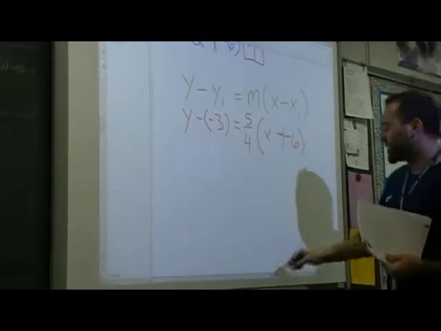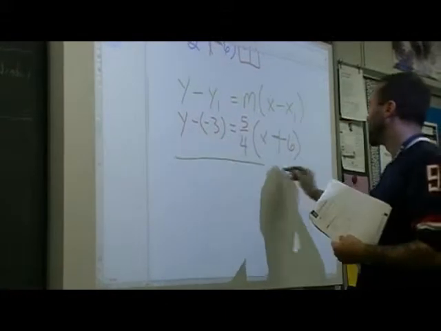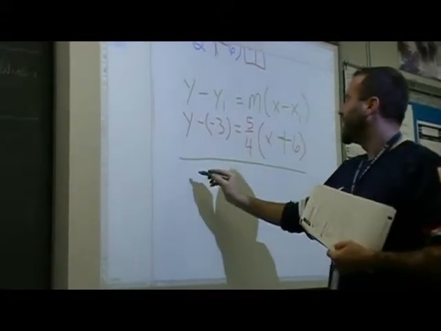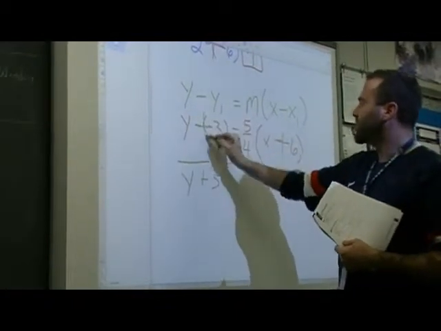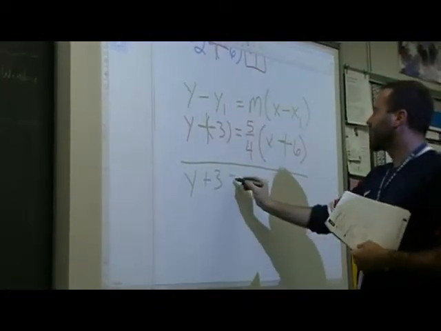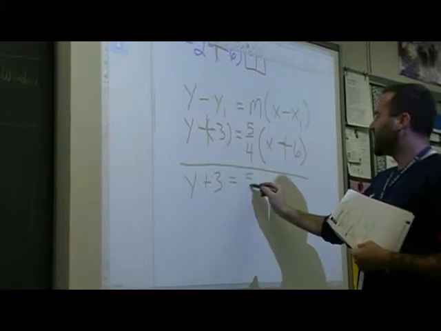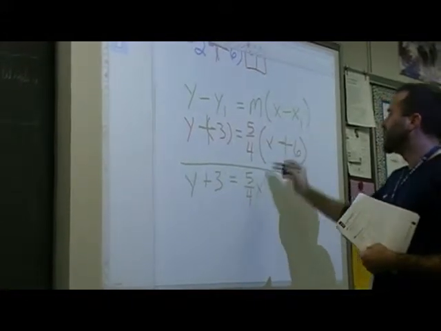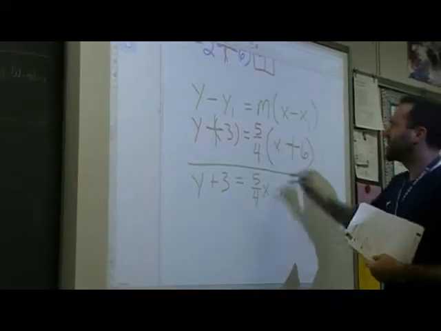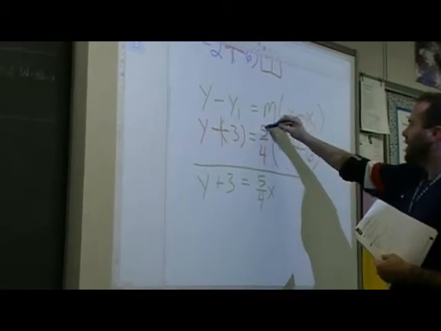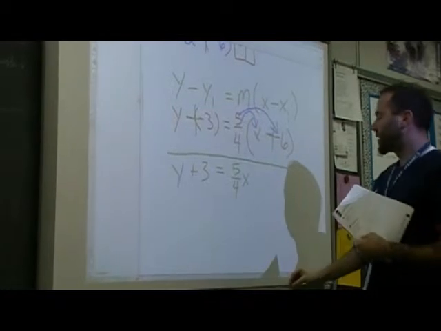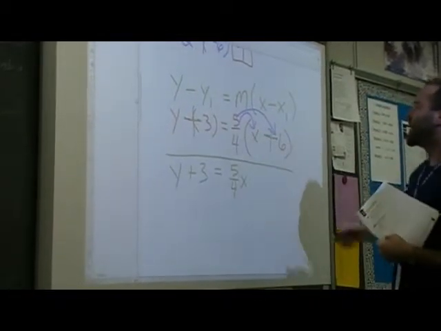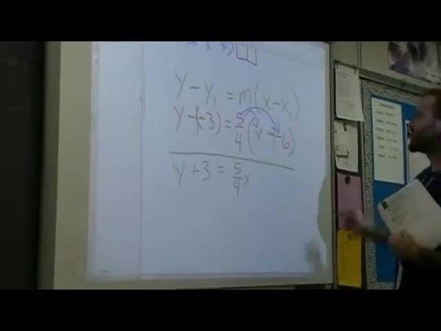Now I can do some solving. I can reduce this so I can read it better. I have y plus 3 because I combined these, equals 5 over 4x because I'm now distributing and multiplying by both of these. What is 5 over 4 times 6?